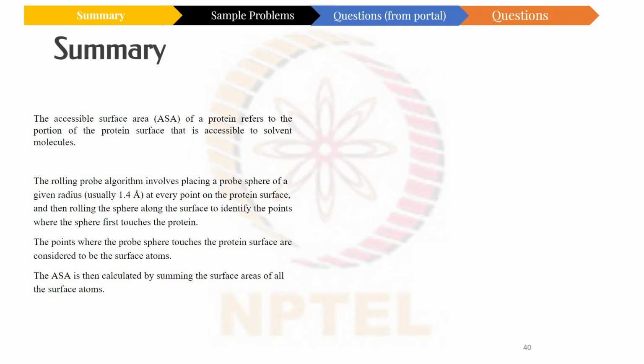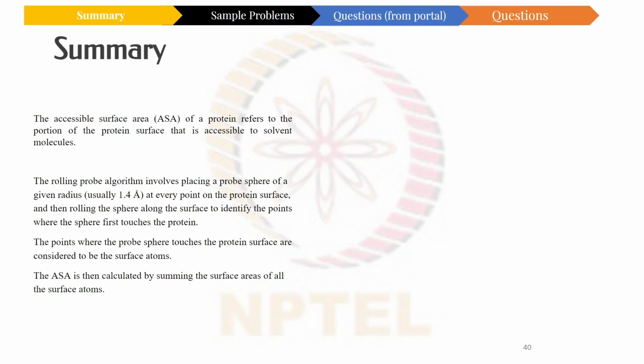So here we have an algorithm, that is the rolling probe algorithm, which involves placing a probe sphere of a given radius. For example, the general probe radius is 1.4. I'm showing this is the van der Waals distance between O and H atoms that have been bonded in water. So 1.4 is the probe or sphere radius. Then we roll the sphere along the surface to identify the points where the sphere first touches the protein.